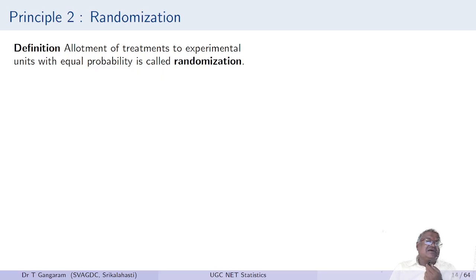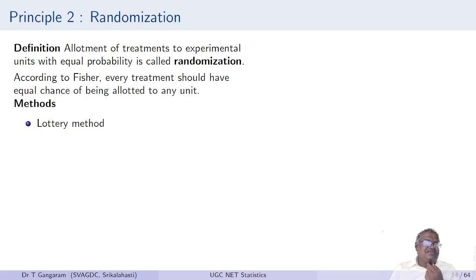Next is randomization. Allotment of treatments to the experimental units with equal probability is called randomization. Every treatment should have an equal chance of being allotted to any unit. We can adopt any of the following methods for achieving randomization.